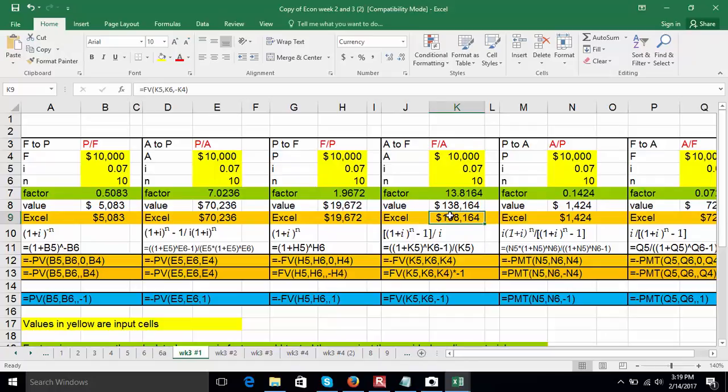So let's just look at A to F first. I'm going to put in 10,000 each year for 10 years. If I did that at a 0% interest rate for 10 years, I would just come up with $100,000. But the fact is, I'm investing it at 7%, so it comes back as more in the future.